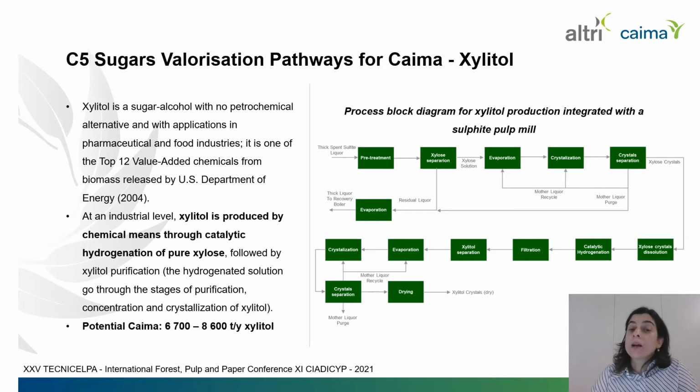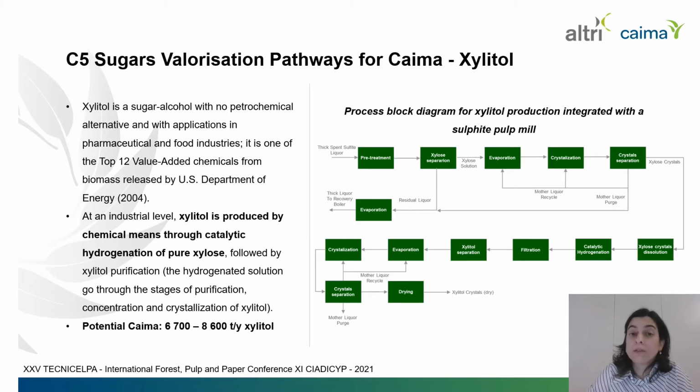Let's look now at xylitol. Xylitol is a sugar alcohol with no petrochemical alternative and with applications in pharmaceutical and food industries. It is one of the top 12 value-added chemicals from biomass released by the US Department of Energy in 2004.